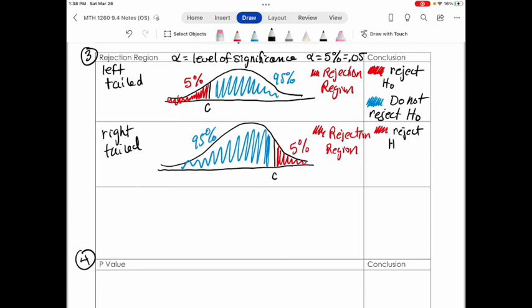If it falls in the red area, we're going to say reject the null hypothesis. If it falls anywhere else, we're going to say do not reject the null hypothesis.